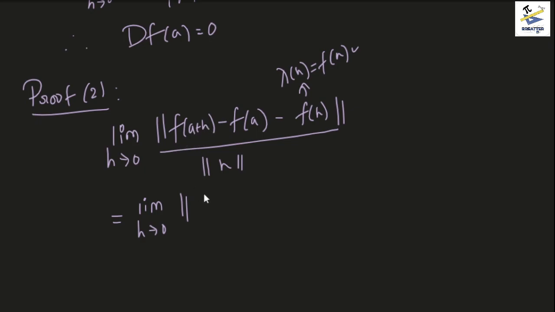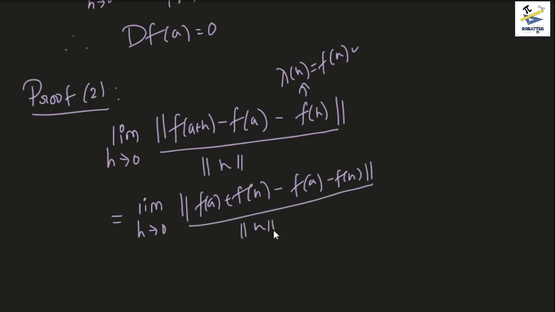So f of a plus h is basically f of a plus f of h, and we already had minus f of a minus f of h equals 0 because the numerator is 0.